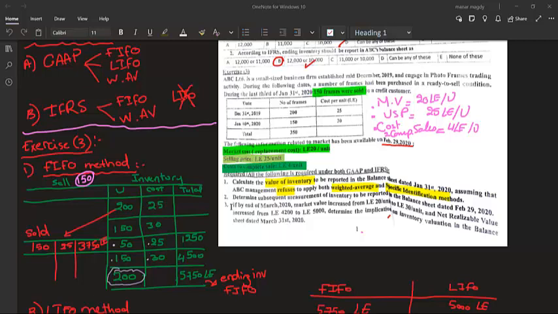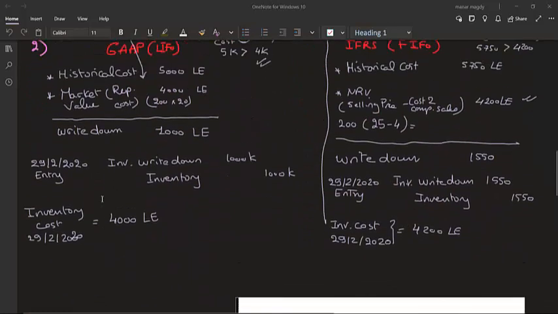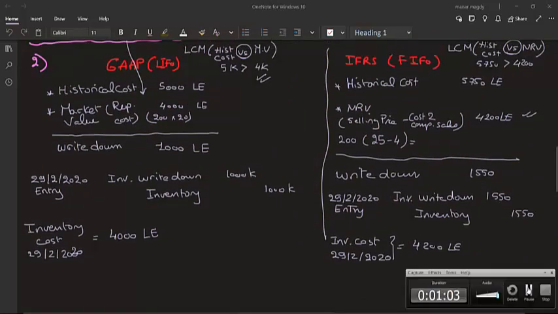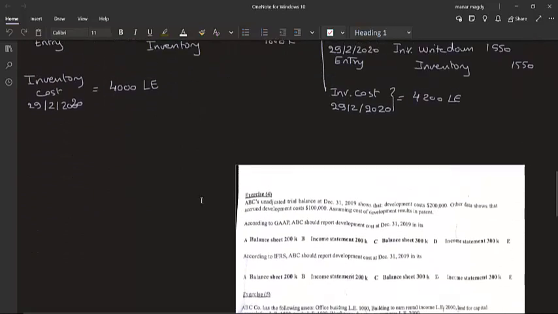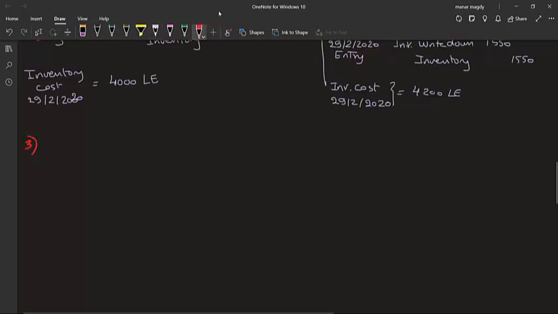So first, we've got here market value increased from 20 LE to 30 LE. Let's answer it here. Point number 3, we're going to answer under GAAP and under IFRS.